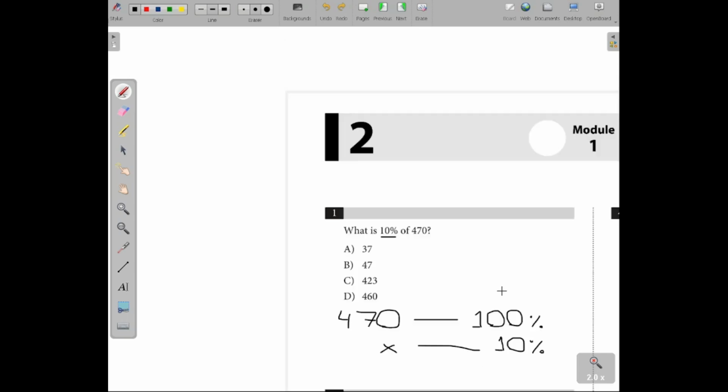Right now it's 10%. So we just multiply this 470 times 10 and we divide it by 100. We do that: 470 times 10 divided by 100.